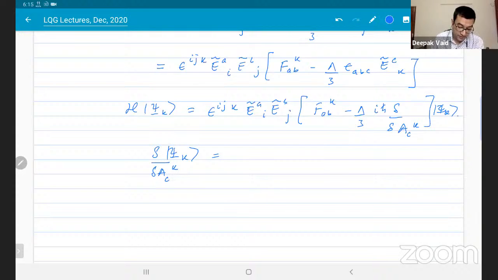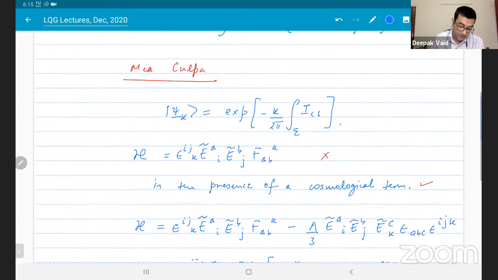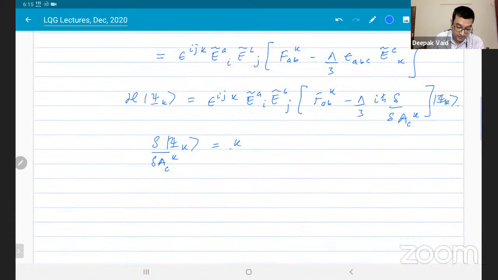So you get whatever is over here, k by 2 pi, and then you get F^K_AB epsilon^ABC.